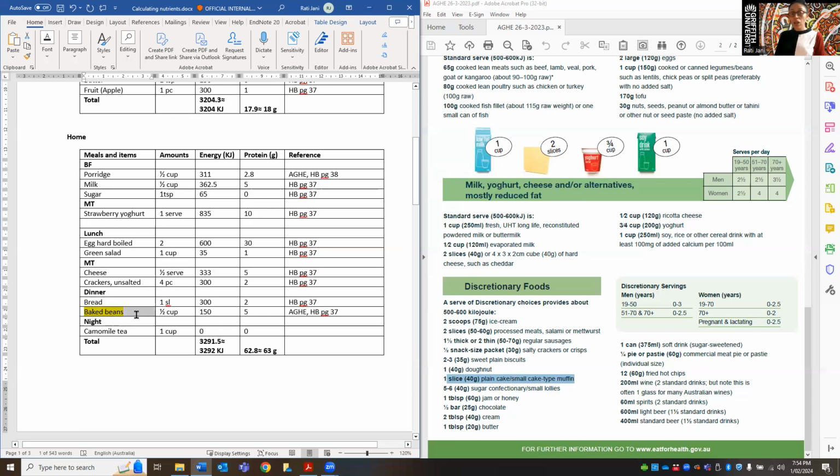Baked beans. So now how have I done this? Baked beans, I have gone according to the process as we do, because it's not there in the quick ready reckoner. But just to let you know, in the quick ready reckoner you have something called legumes, cooked and not canned. Sometimes students have selected that to do their baked bean calculation, which is completely fine because baked bean literally is legume. But remember over here, it says cooked and not canned. Why?